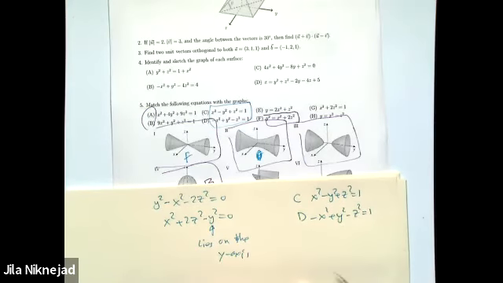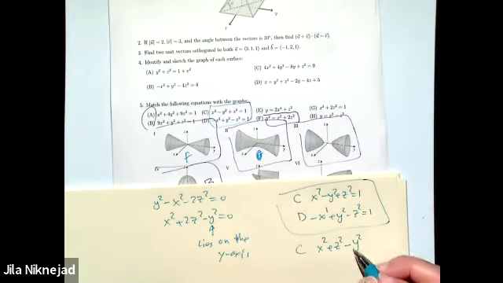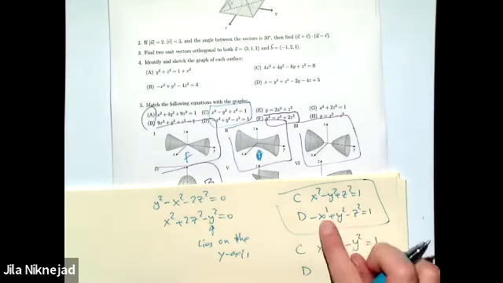Now, if I write C, only one term has a different sign, it is the negative sign, equal to 1. D, these two have both of the two terms with negative.